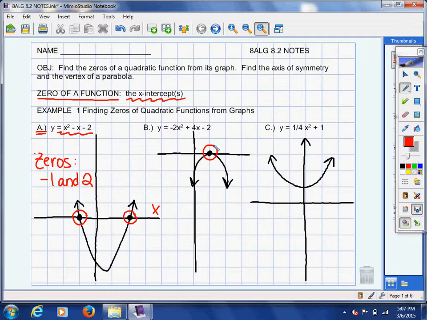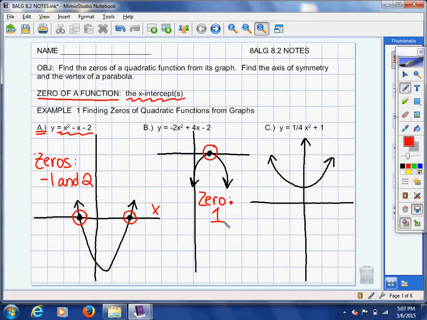You could have 1 where your x-intercept, or zero, is the same point as your vertex. That's possible. Or you could have 2 totally separate ones, independent from your vertex. So we have 1 in letter B, and so this particular zero is located at +1.